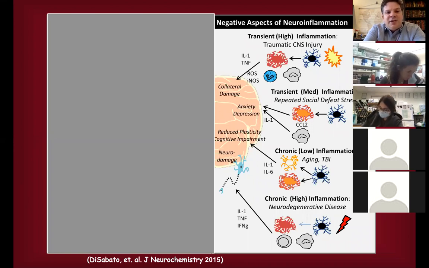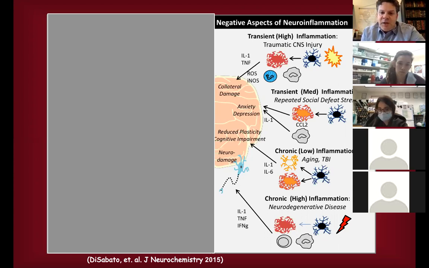What's the drawback from that? You have a big scar, right? But think about if that's in your brain or spinal cord, where those cells don't have the same regenerative capacity as skin. So the collateral damage of a really high inflammatory response is going to be quite significant in the brain or spinal cord. So that's why we worry about big inflammatory responses in the CNS.